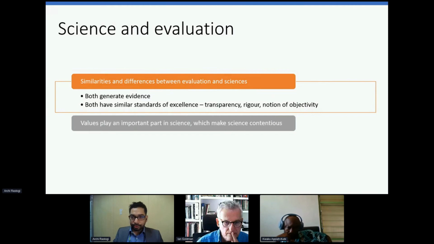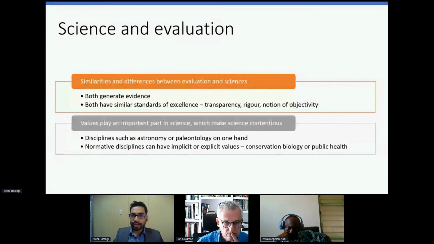Values play a very important role in sciences, but values also make sciences very contentious. What are values, firstly? Values are the important part played by a characteristic in the functioning of a process. For instance, in a museum, temperature and light could be a value, but in a TV set, sharpness could be a value.